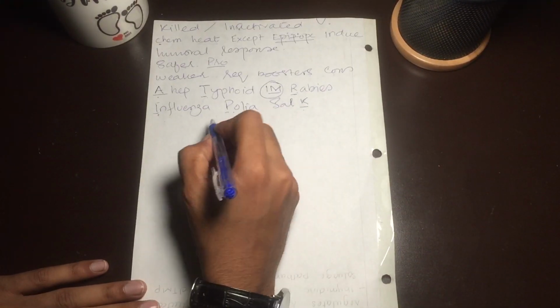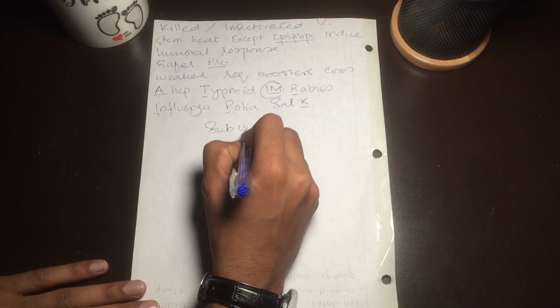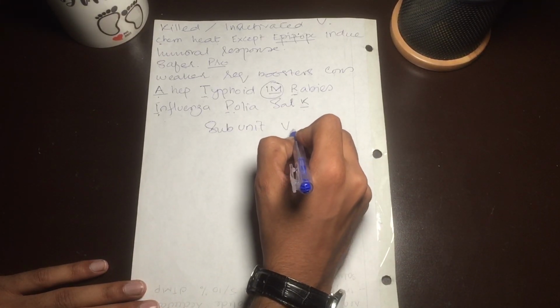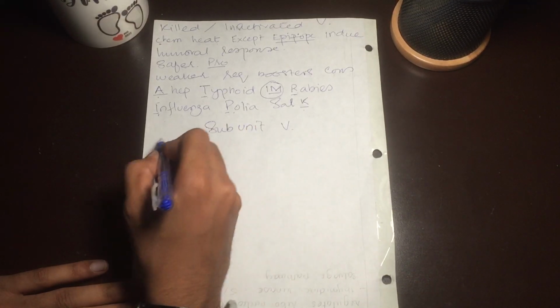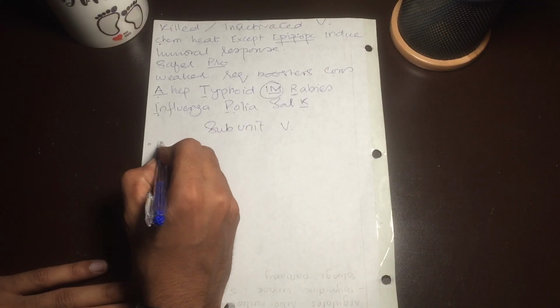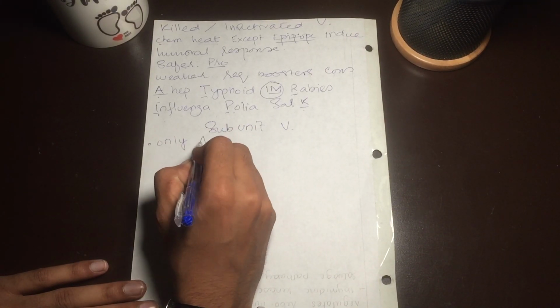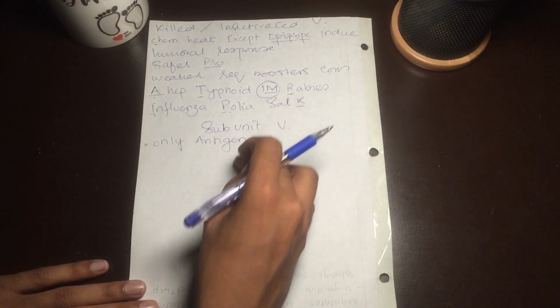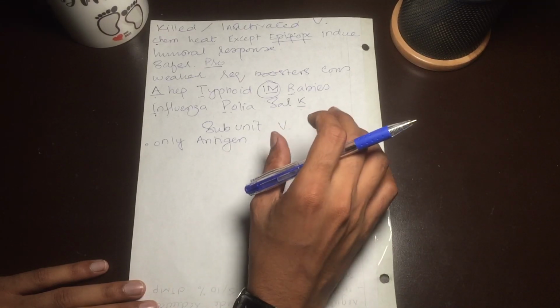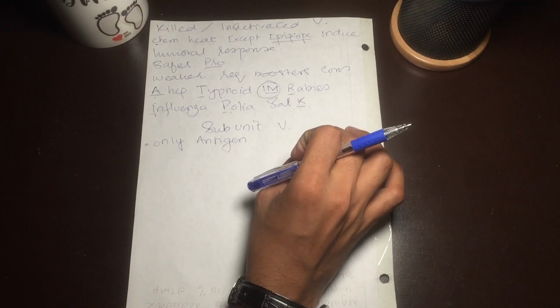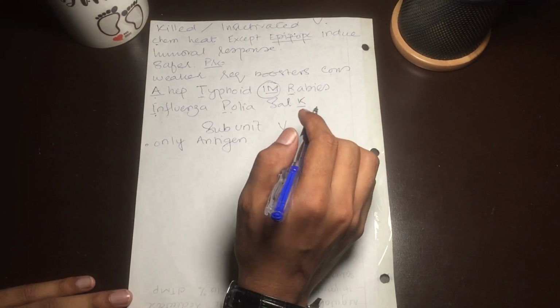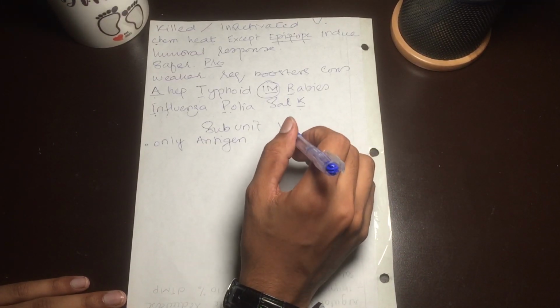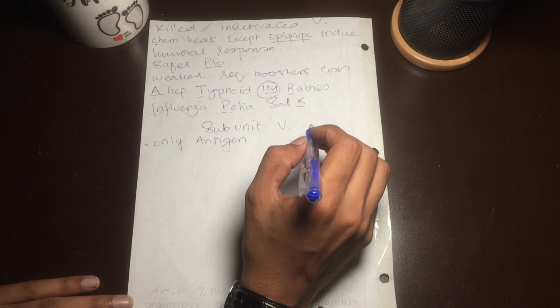Then we have subunit type of vaccines. So in the subunit category, we have only the antigen left. From the whole virus, we just need that antigen and destroy all of its structure in order to generate an immune response.